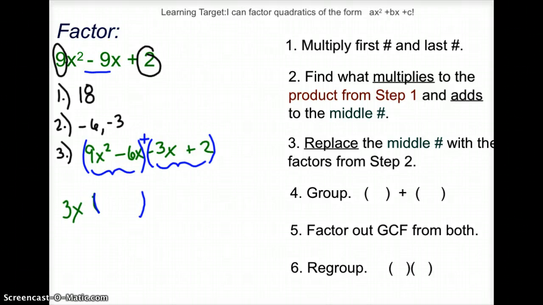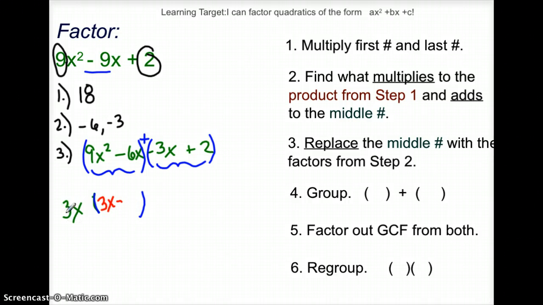So what can I multiply 3 by to get back to 9? A 3. And I had an x squared, but we're taking an x away, so this x squared bumps down to just an x.